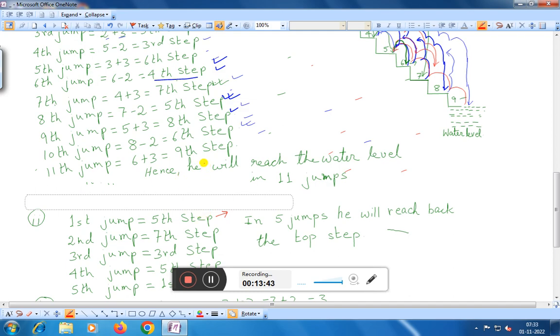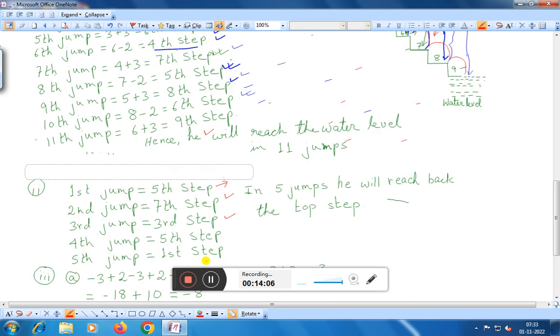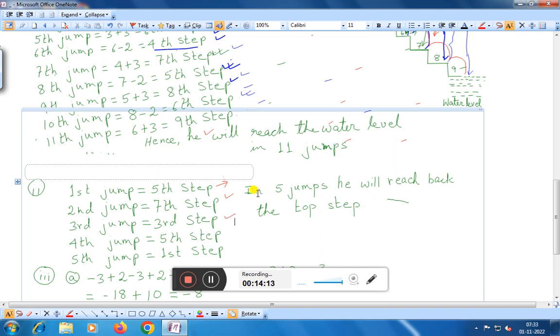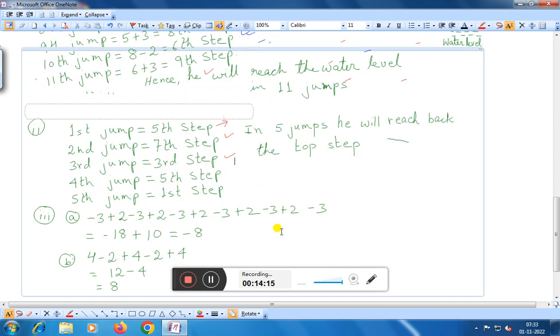From the 7th step he goes again 3 up, that is 6, 5, 4, 3, the third step. And in the fourth jump he goes to the 5th step, and in the fifth jump he goes to the first step. That means in total in 5 jumps he will reach back the top step, right?